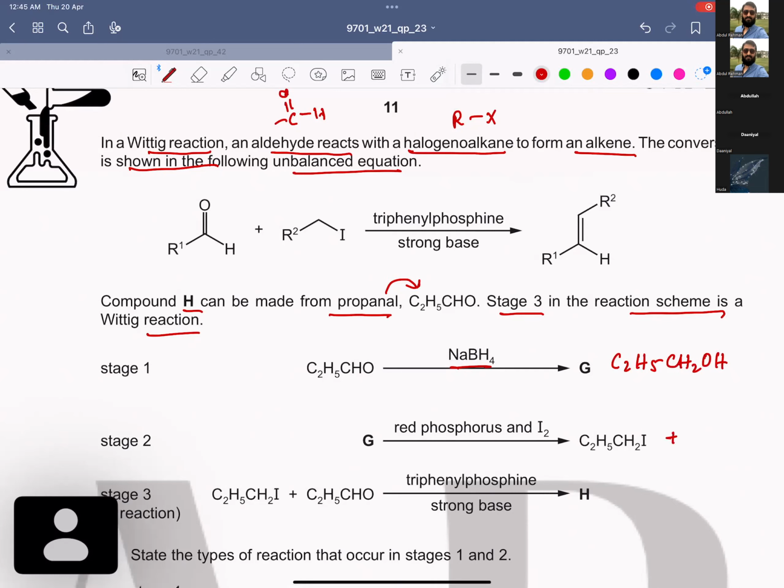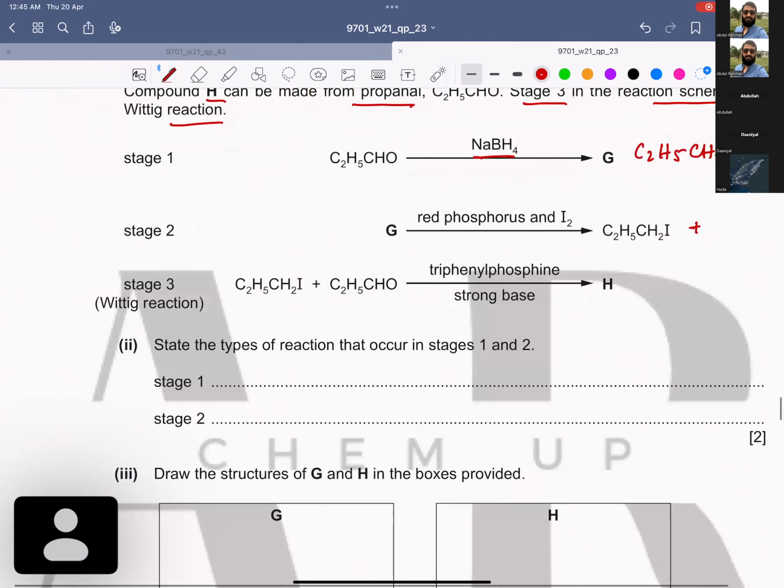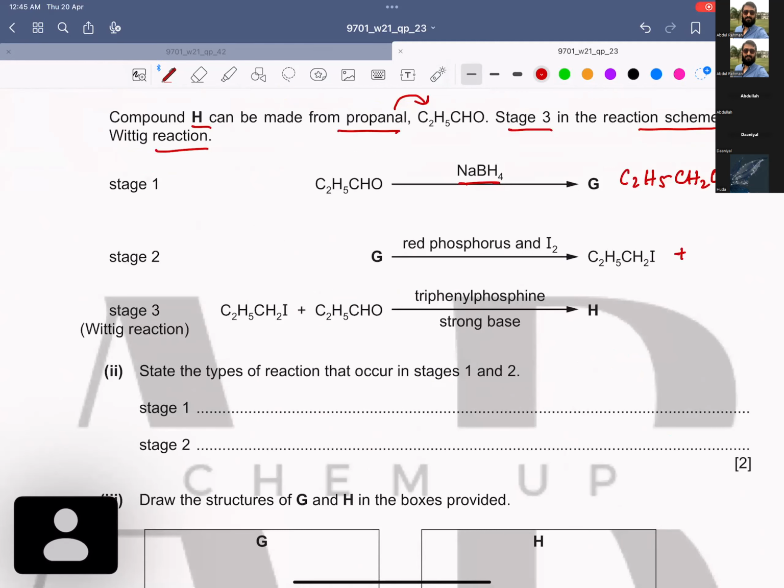Stage 3 is the Wittig reaction. This reacts with this and forms the product.